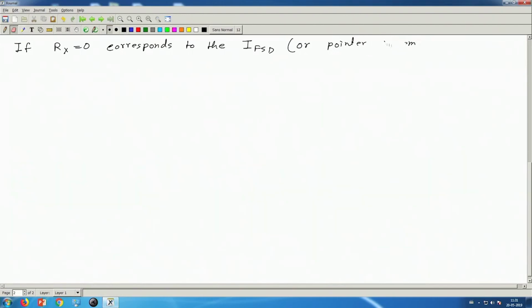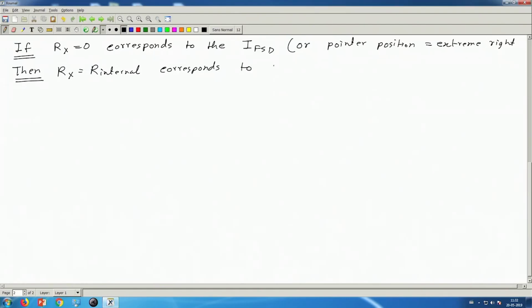And Rx equal to R internal will correspond to half of the FSD current, or half scale deflection. That means the pointer will be at the center.